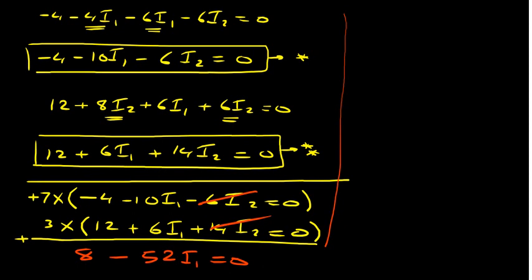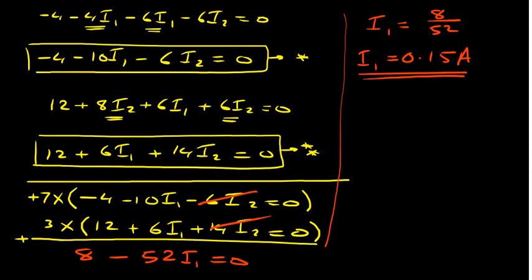So from here I can find I1 equal to 8 divided by 52, and that will give me I1 equal to 0.15 ampere.